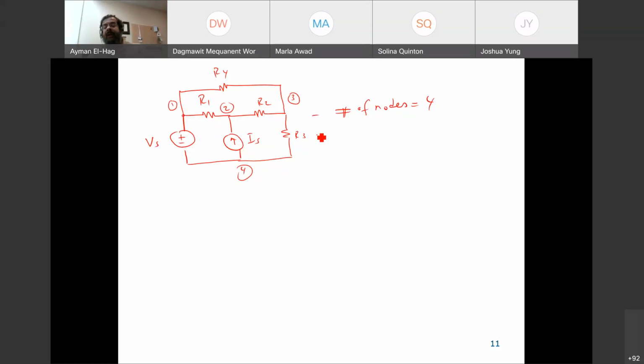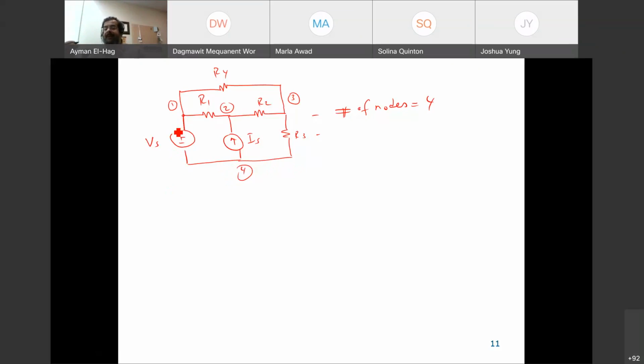The second thing, we need to assign one of the nodes to be our reference. Every voltage we calculate will be with respect to that reference. Now how to select the reference? Usually the bottom node is the one, or the one that is connected to the negative of the voltage source, because once we connect the negative of the voltage source to the ground, then we will know automatically the voltage of one of the nodes.